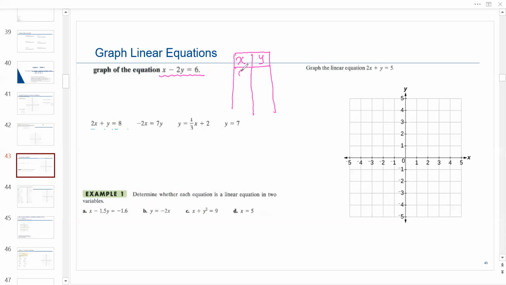So when x equals 0, y equals what? -3, right? When x equals 1, suppose x equals 2, it's easy to calculate. When x equals 2, y equals -2, right? You can do that.